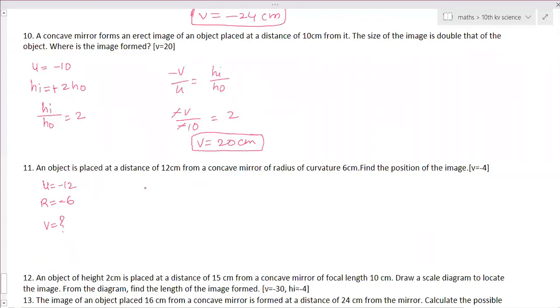Minus. Can you calculate focal length by knowing radius? Yeah. So what is the focal length? R by 2. Minus 3 centimeter. So F you have, U you have, find V. Find out everyone.